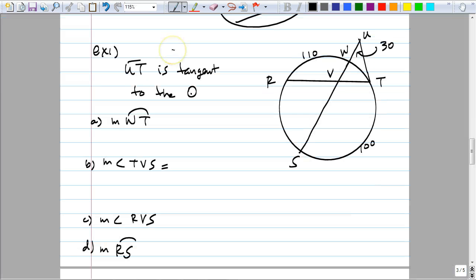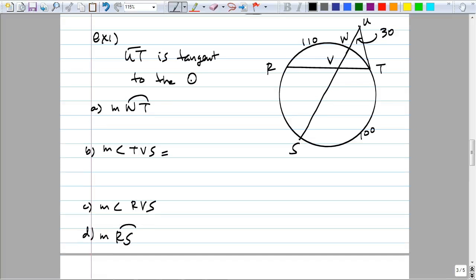Here we go. Try this example 1. You have a picture on the right. Because of time, you don't have to copy down the picture, but try to see if you can figure out. It says UT. Do you see UT right here? This segment is tangent to the circle O. Can you tell me the measure of the arc WT, which is right here?